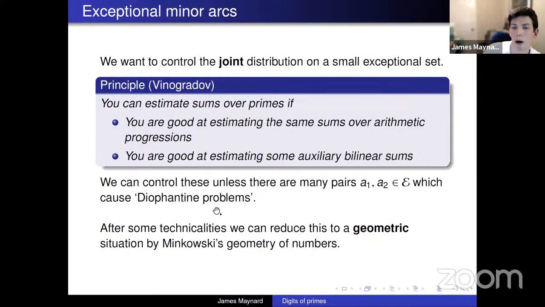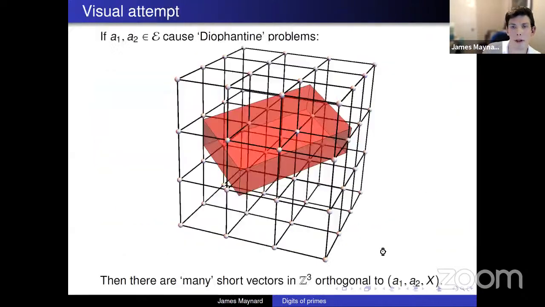So with a little bit of work, you can recast these messy looking bilinear sums and these Diophantine problems as a much more geometric situation, which you can then try and look at through the geometry of numbers. So here's a picture trying to demonstrate this. For every pair of Fourier frequencies A1 and A2, there's this associated bilinear sum, and this bilinear sum is large only if you have a large number of integer lattice points in a certain cuboid in three-dimensional space.